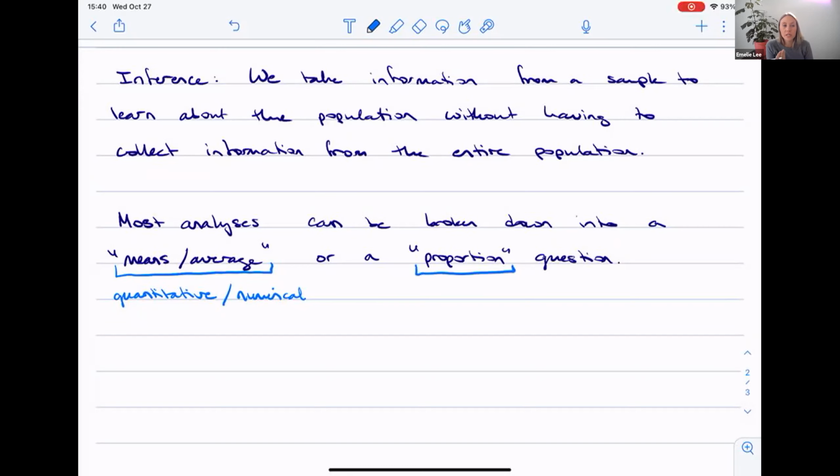A proportion is going to be for categorical data, or qualitative if you prefer, qualitative or categorical data.